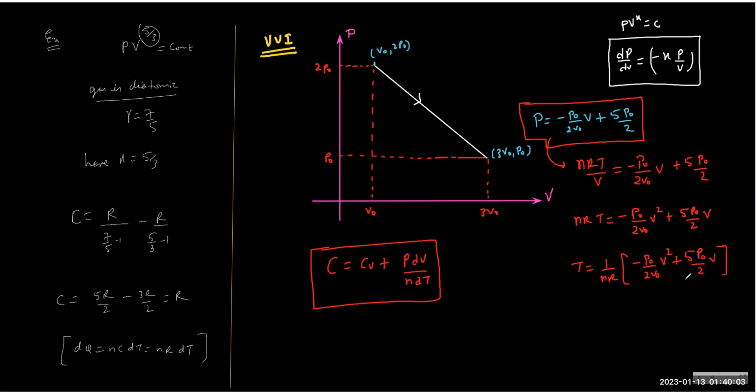I mean, you will come across this question many times. So T, you got this answer. Now, because T is a function of V, we can find dT by dV easily. I will invert it later on. So if you differentiate, what you will get?